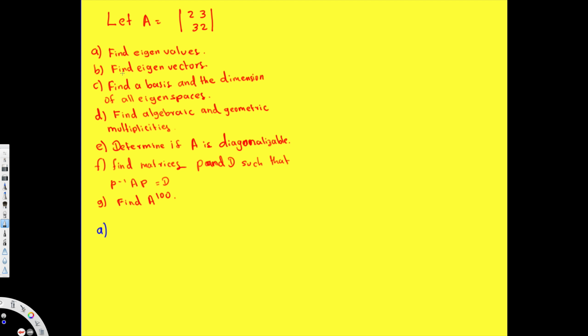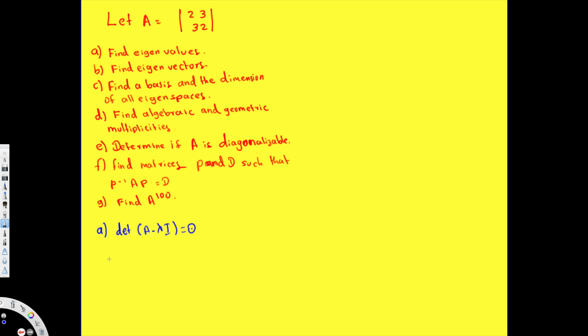So first let's begin with the eigenvalues. To find the eigenvalues, there's a general equation: the determinant of A minus lambda I is equal to 0, and from this we can find the eigenvalues.